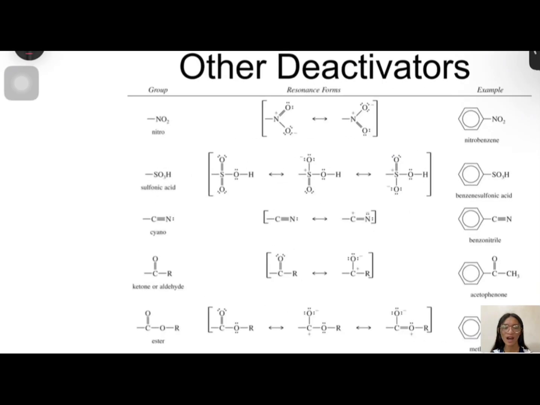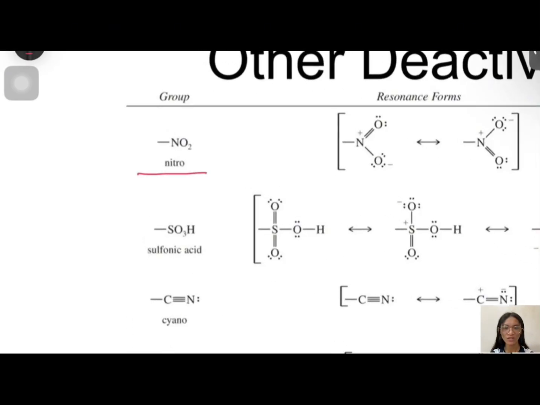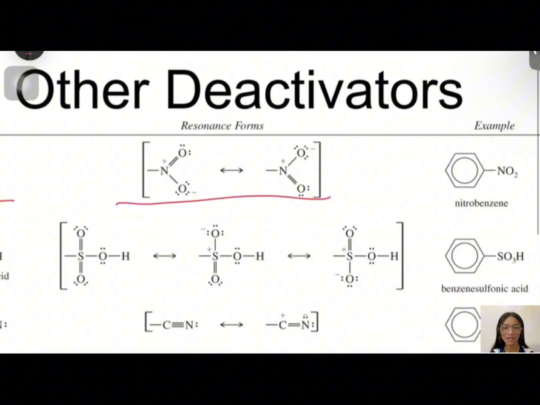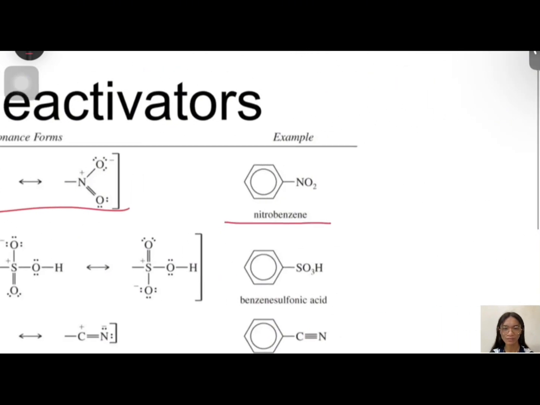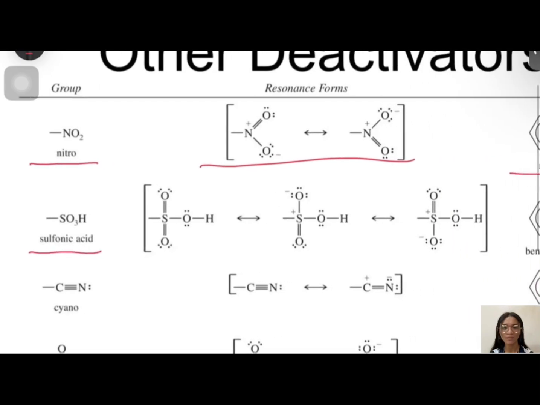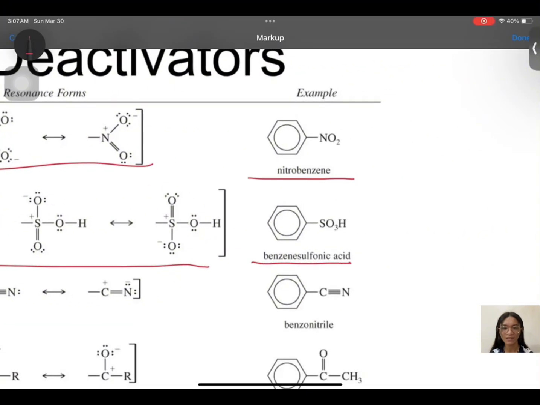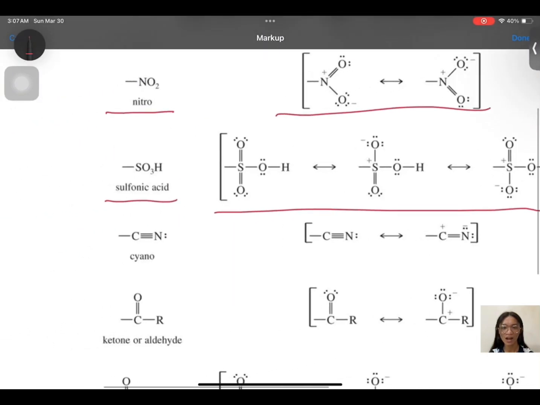Next are other deactivators. The group is nitro, the resonance forms, and the example is nitrobenzene. Then next is sulfonic acid, the resonance forms, and the example is benzenesulfonic acid. The next is cyano.